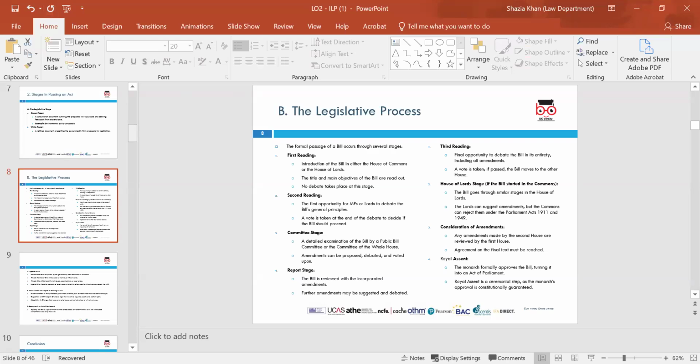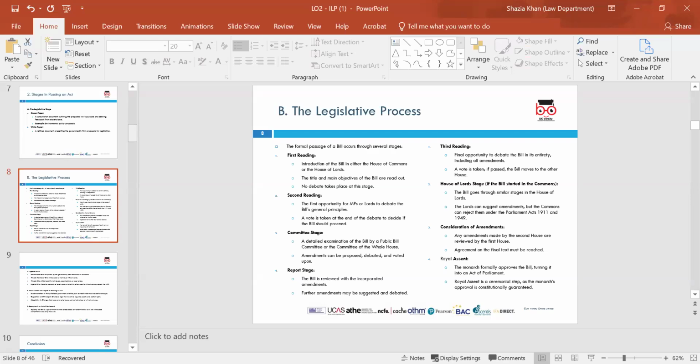commitments. And then we've got the consideration of amendments, which is after the Lords have considered a bill, it will be sent back to the Commons or vice versa. If the second House does not amend the bill, then it goes for royal assent. If it has been amended, then the amendments return to the first House, which can reject the amendments, agree to them, or propose new ones.